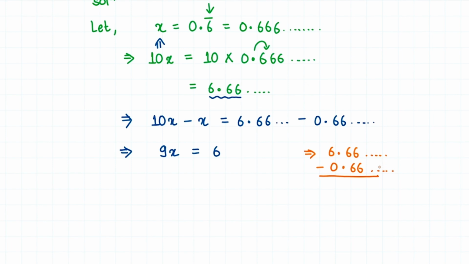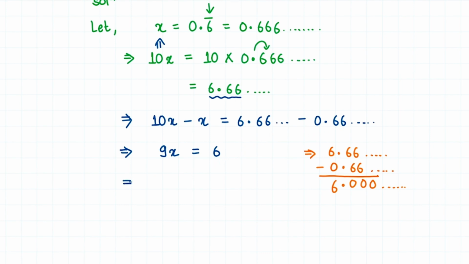Since all these digits are 6, when you subtract them, you get zeros. We have our point over here, and when we subtract 6 minus 0, we get 6. So our answer is 6.000, which is 6.